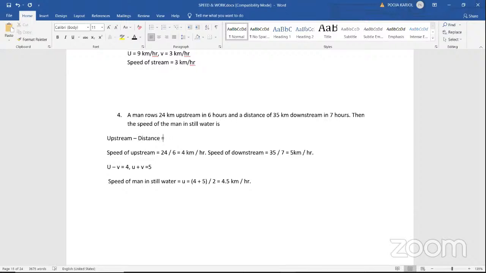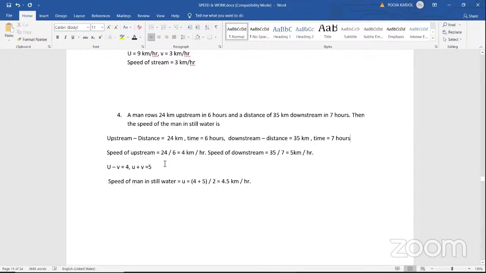Distance is 24 kilometers, then time is 6 hours. Then downstream distance is 35 kilometers, time is 7 hours.